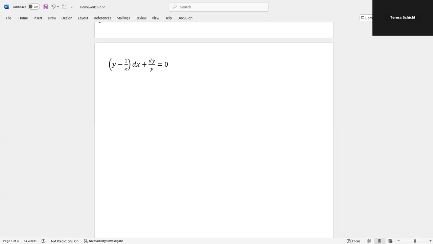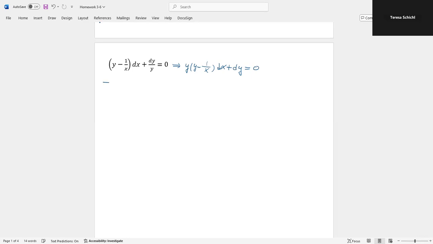First, I multiply both sides by y. So I have (y minus 1/x) dx plus dy equal to 0.